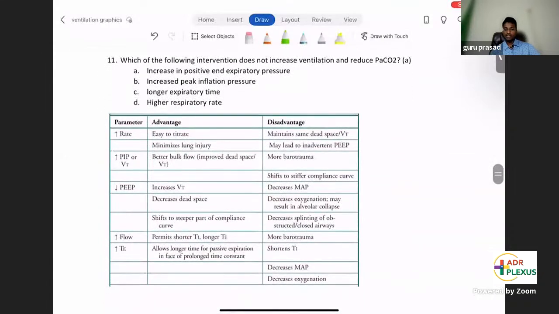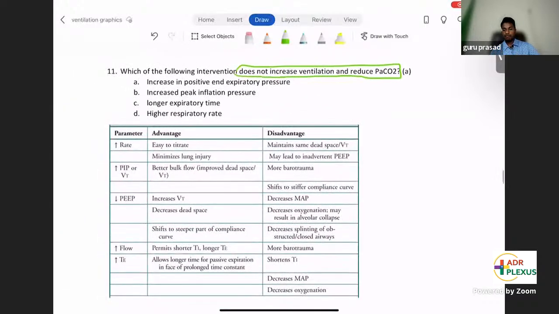Which of the following interventions does not increase ventilation and reduce PaCO2? Example, you are seeing a blood gas and you have seen a PaCO2 of some 70 mmHg. Whenever your PaCO2 is high in a ventilated baby, what are the important things you should rule out?